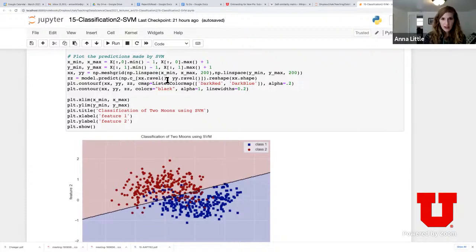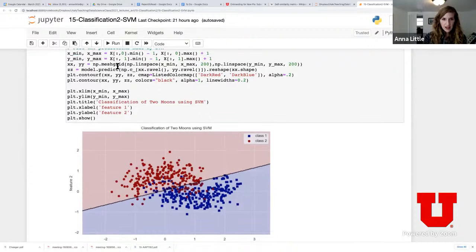What's happening in the code here is it's taking the array of x values and making a long vector, and then putting it together in an array of points, and making the prediction on all of the points.